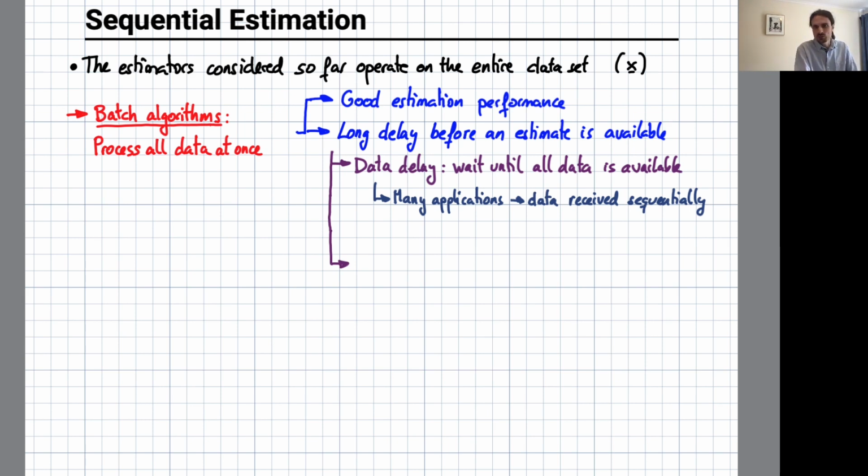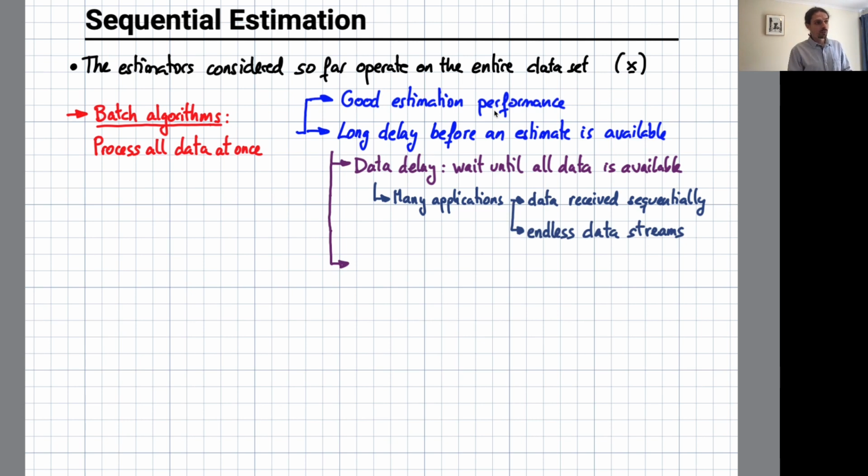But it wouldn't make sense to wait until the pandemic is over and we have collected all the data to produce just the final estimate, let's say. Even though that estimate would be of a very good quality because we would have a lot of data, it would arrive too late, okay?